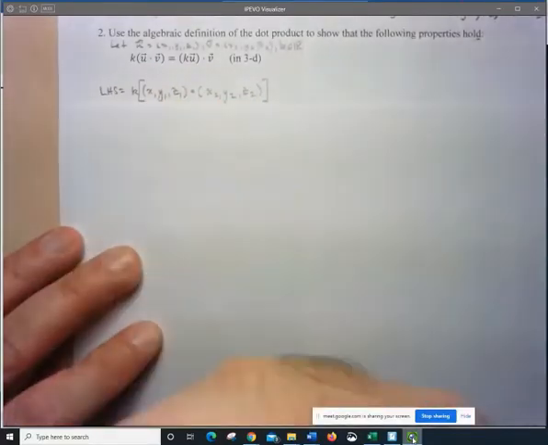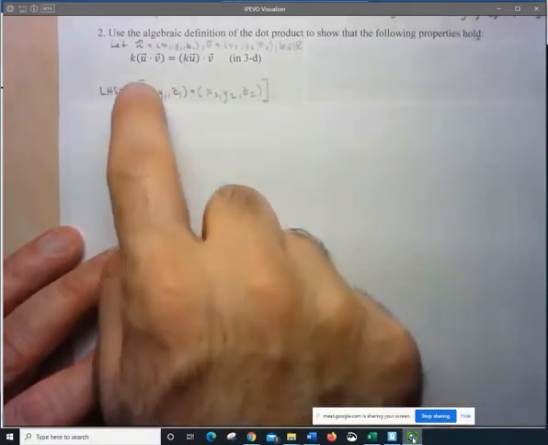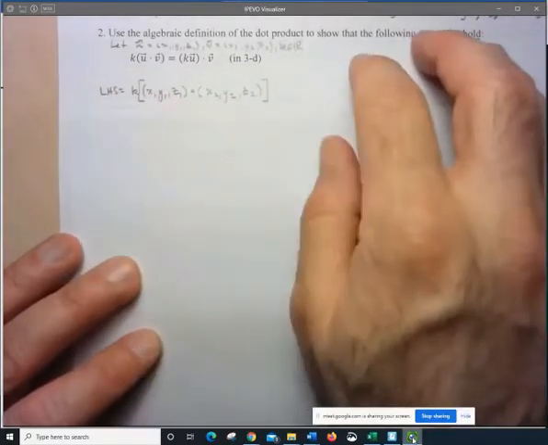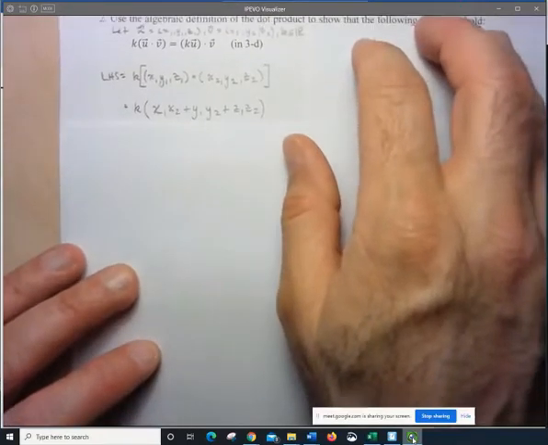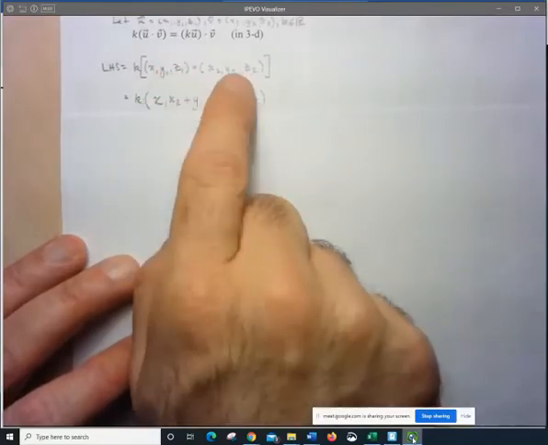And this is where now I just start to apply my properties. I've got this big bracket here, so I'm going to have to do that first. The first thing I do is apply the dot product definition to these two vectors.